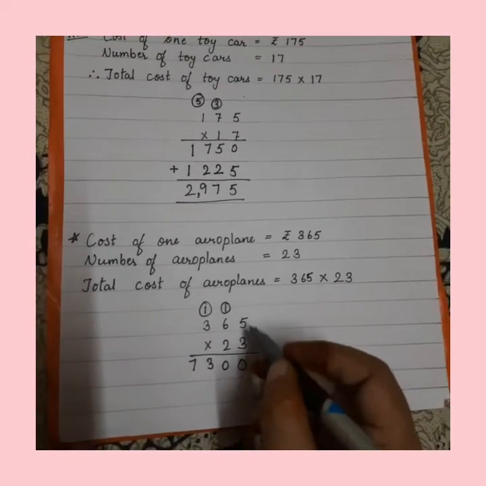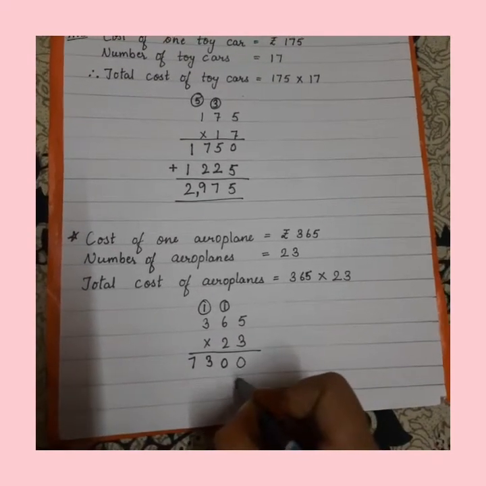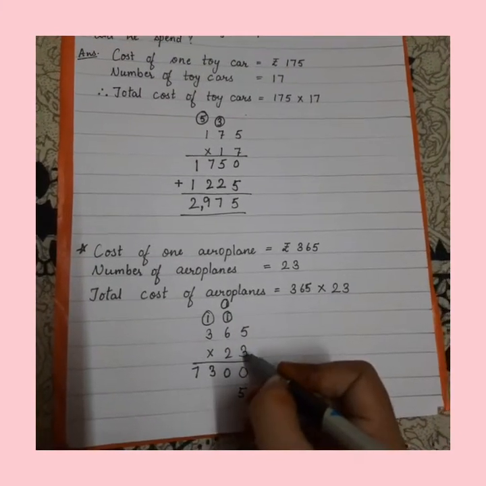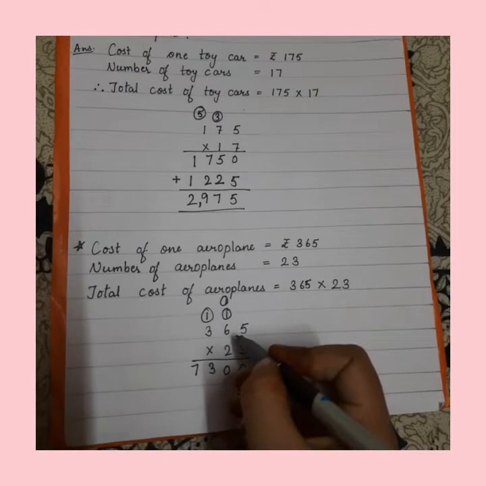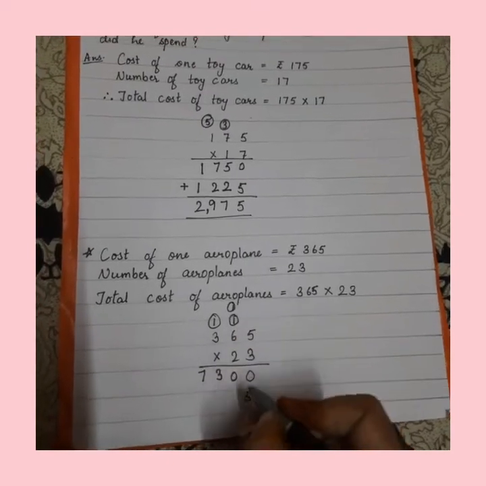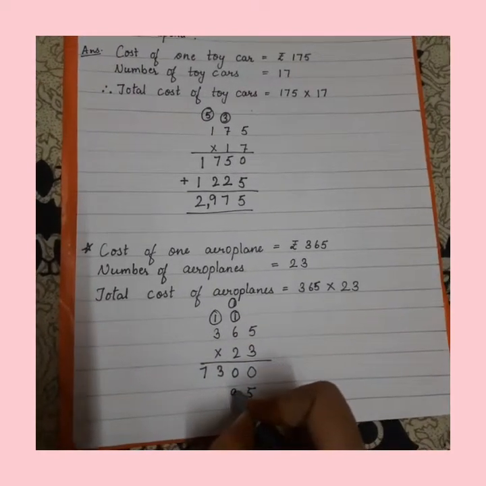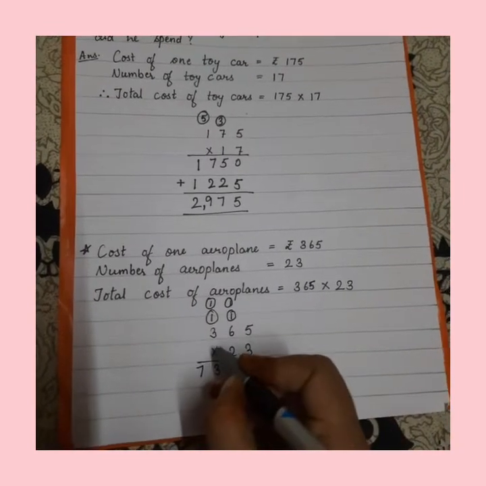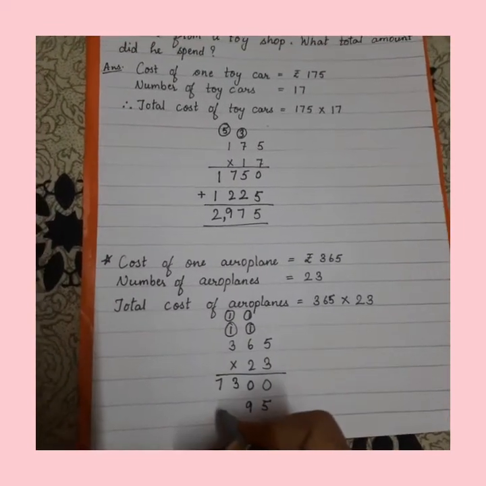Now 3 5s are 15. 5 I will write. 1 will be carried upon. 3 6s are 18 plus 1, 19. So I will write here 9 and 1 will be carried upon. 3 3s are 9 plus 1, 10.